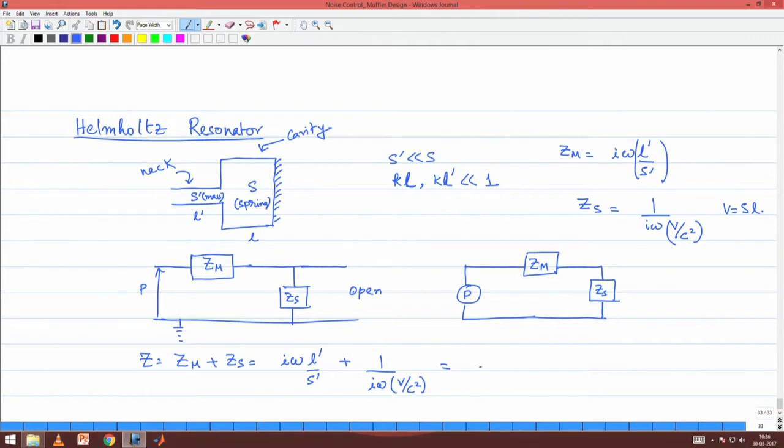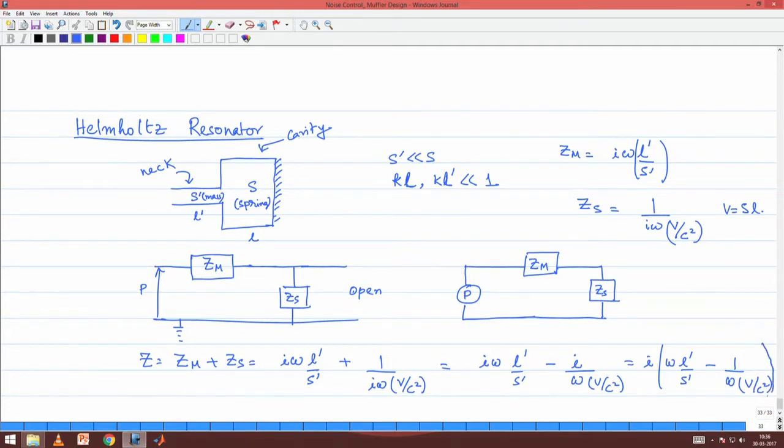So, this could be written as i omega L' S', and I could write this as minus i on the numerator divided by omega V by c squared. So, now I can pull out an i: omega L' S' minus 1 by omega V by c squared, correct.